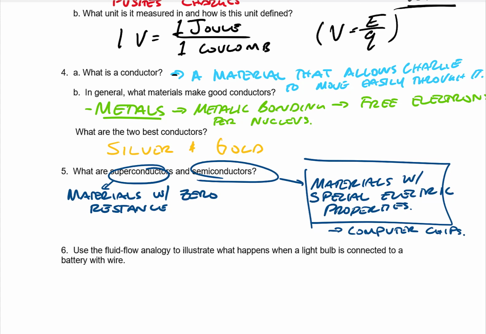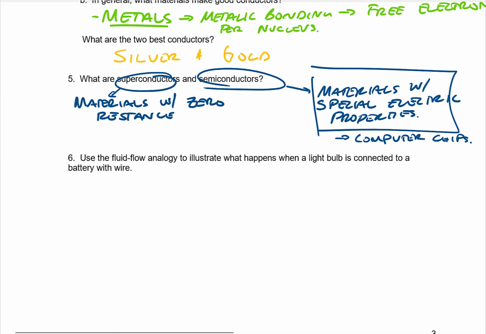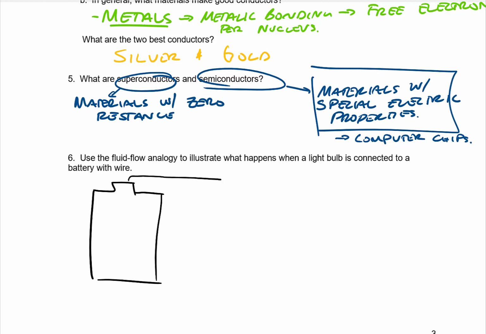Use the fluid flow analogy to illustrate what happens when a light is connected to a battery with wire. The way that I like to think about it is we have a battery, and it's kind of like a pump. And then we have a wire coming out of that battery and going down to the light bulb, and it comes back.